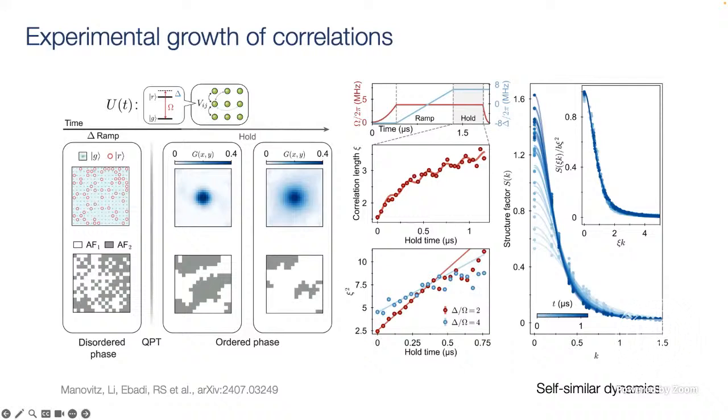Experimentally, if you take a snapshot, you will see many different domain configurations. So your state in the experiment, at any given point of time, is a superposition of many different domain wall configurations.